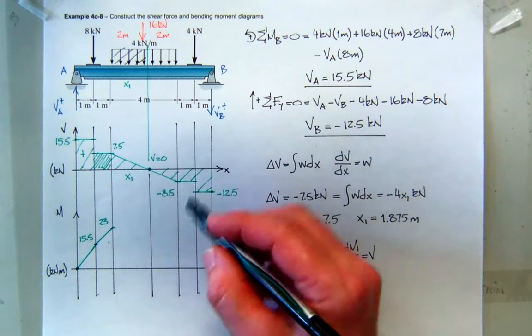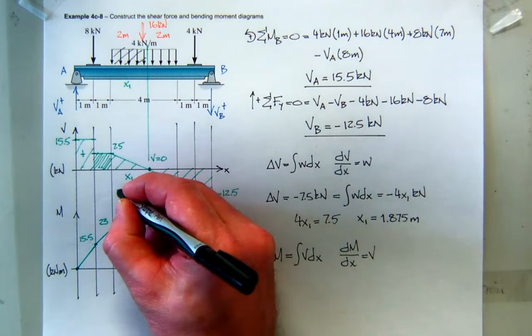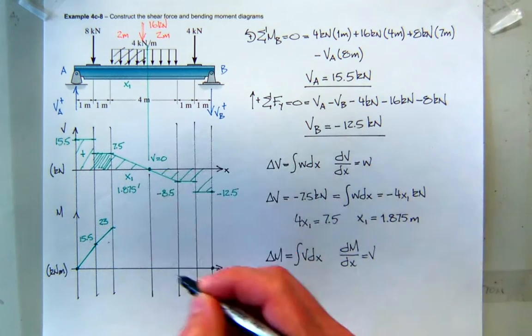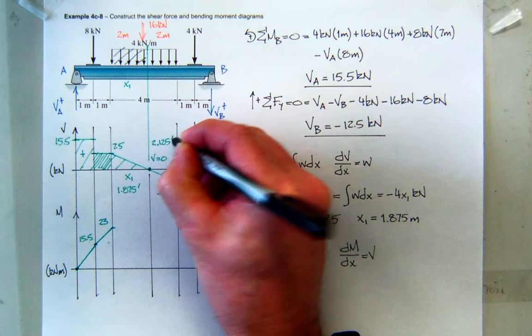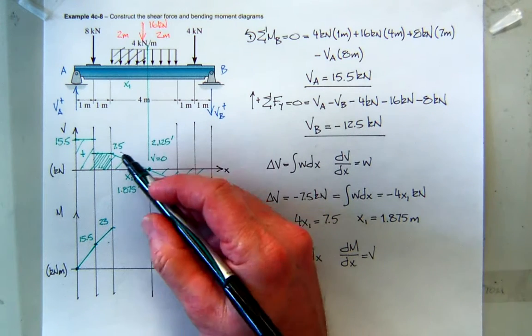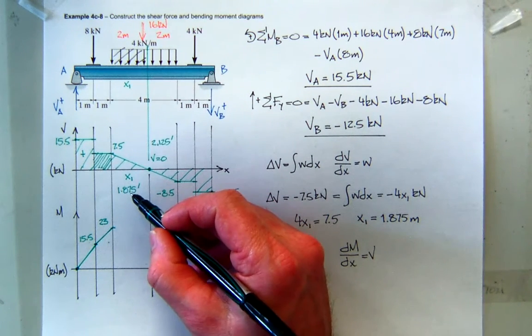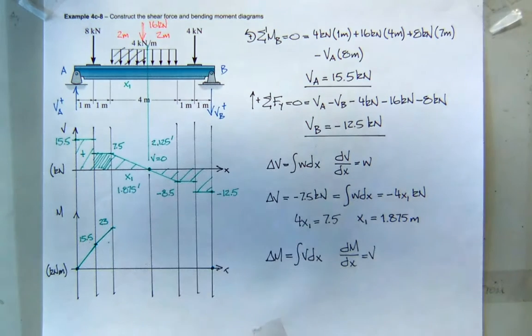Okay, now, what's the change over this area? We've already solved for x1. I know this is 1.875 meters, and this side would be 2.125 meters. So what's the area of this triangle? It'd be 1/2 base, 1.875, times height, 7.5.